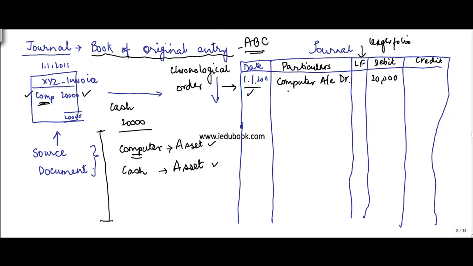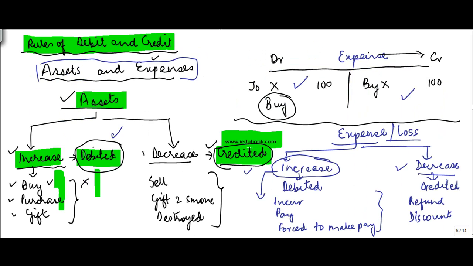Whatever account is debited, you write computer account debited. Then cash. Cash is also an asset. What is happening to cash? Cash is going out. You are paying cash, so cash is decreasing. And what was the rule of accounting? A decrease in an asset is credited.